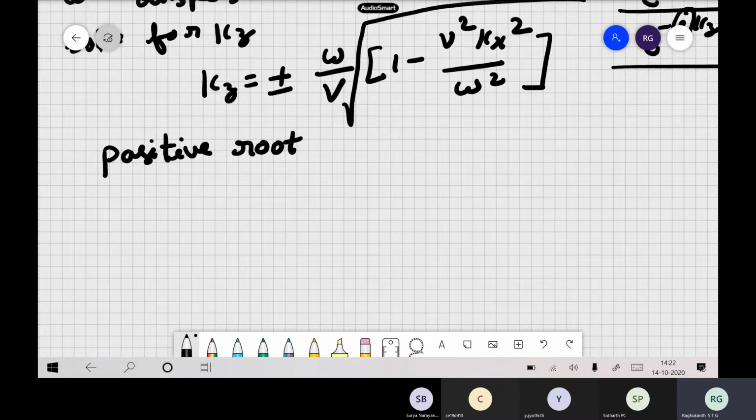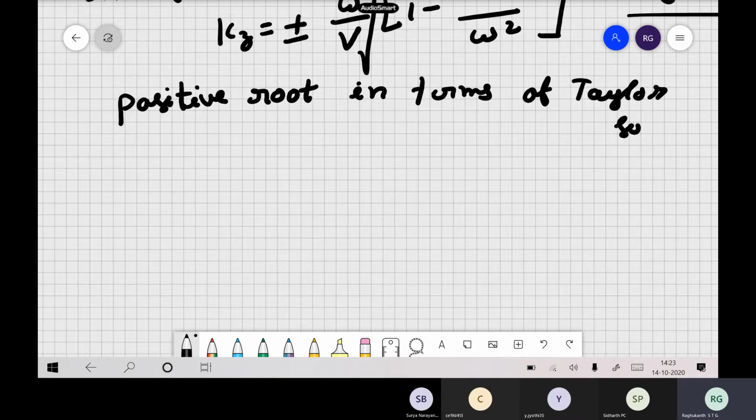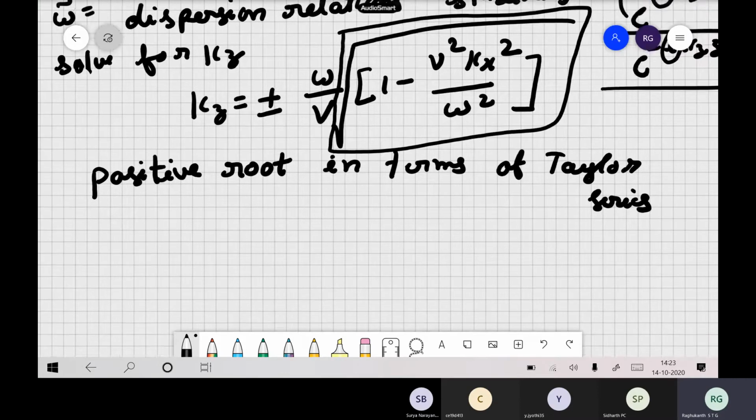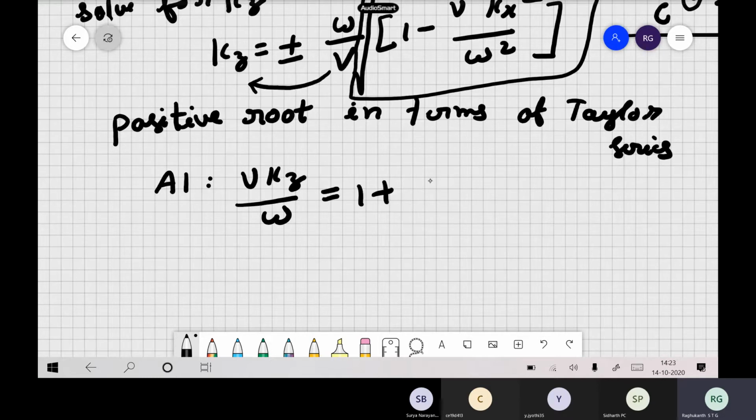So what one does in our paraxial approximation is, you expand this positive root in terms of a Taylor series. If you represent the square root expression in terms of the Taylor series and include only the first term, you can write v kz by w as 1 plus, of the order of, v kx by w whole square.